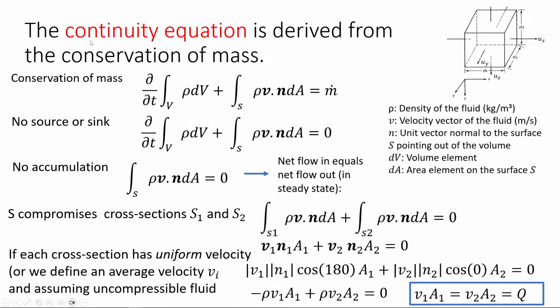And we have looked, for example, at the continuity equation, which is derived from the conservation of mass. So we looked at a volume integral and a surface integral, and this volume integral and the surface integral is equal to the rate of change of your mass, m dot.